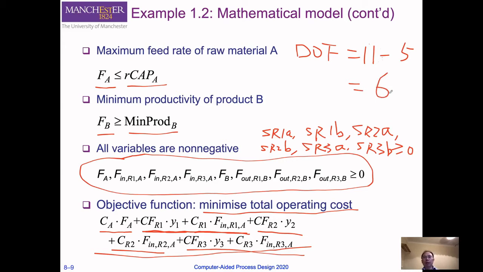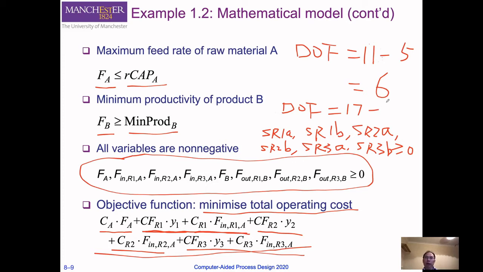If we use the slack variables, we can also calculate the degrees of freedom. DOF is equal to the number of variables. As we introduced 6 additional slack variables, we have 17 variables. And how many independent equations do we have?